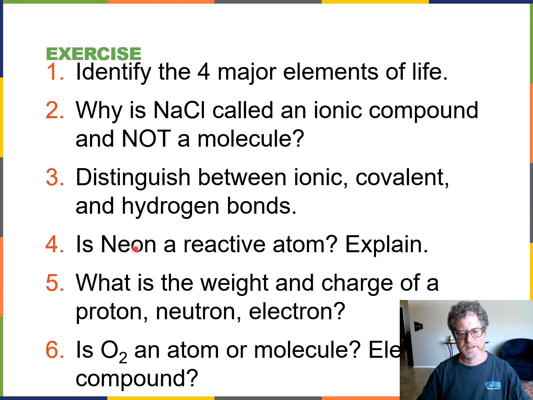Number 4, is neon a reactive atom? Explain. So look at the periodic table, see whether the valence shell, the outer shell, is full, and you'll see that neon has 8 electrons in the valence shell.